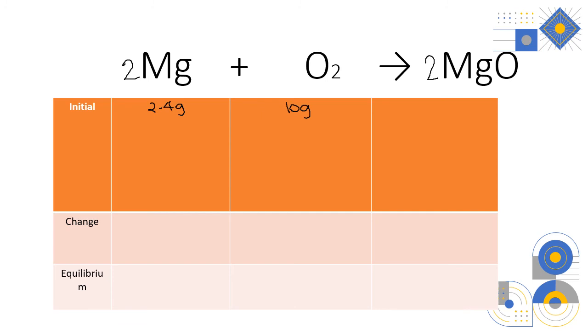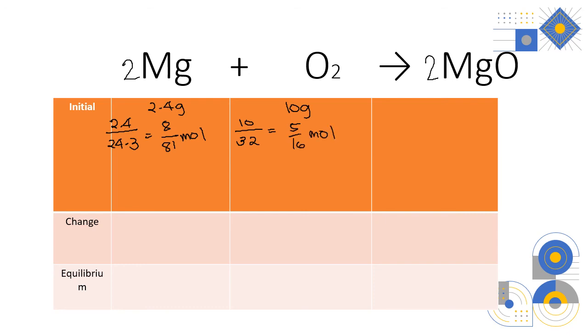Next, we need to convert your grams to moles. So 2.4 divided by 24.3 and 10 divided by 32. So the answers, if we converted, it's 8 over 81 moles, and the other one is 5 over 16 moles.